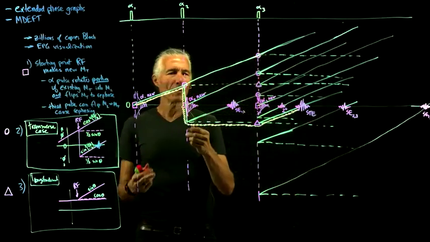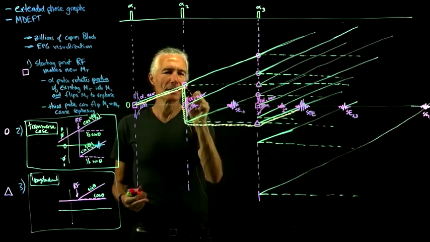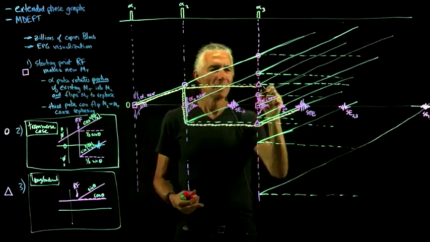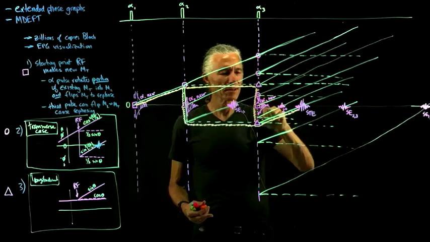And then the other pathway goes like this. It continues across over here, and then it gets flipped down here, and then it goes up.